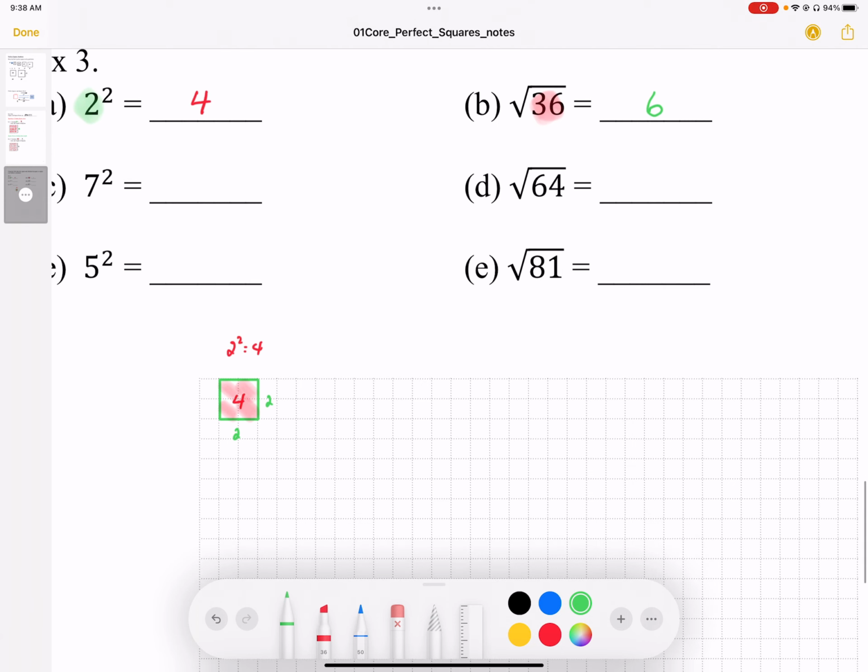So if I were to draw 36 squares, I'd need a 6 by 6 square to fit that many squares in.